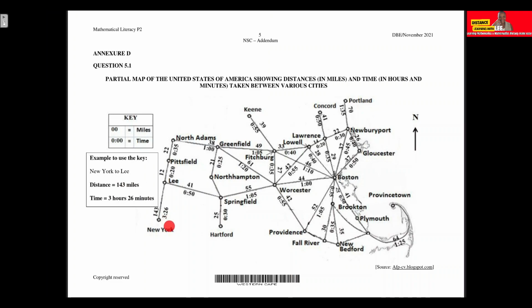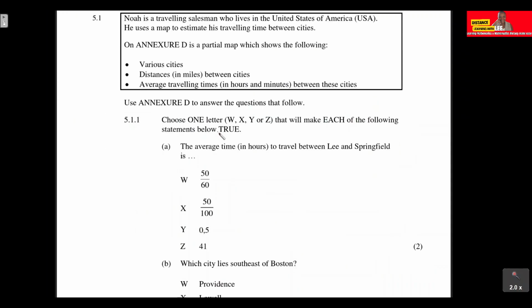Then the 3 colon 26 is the time in hours, so it's 3 hours and 26 minutes. We're also given a compass that indicates that north is that way. So I think we're more than ready to have a look at the question.